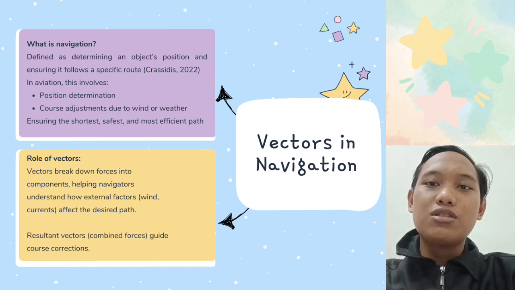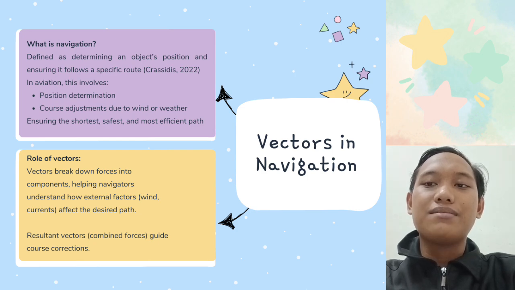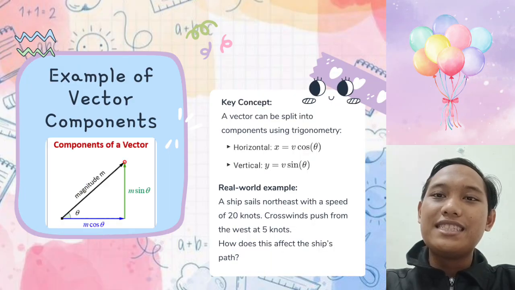When these two forces combine, they form a resultant vector, representing the plane's actual movement. This analysis helps pilots and captains adjust their heading to stay on track, ensuring they reach their destination efficiently and safely.